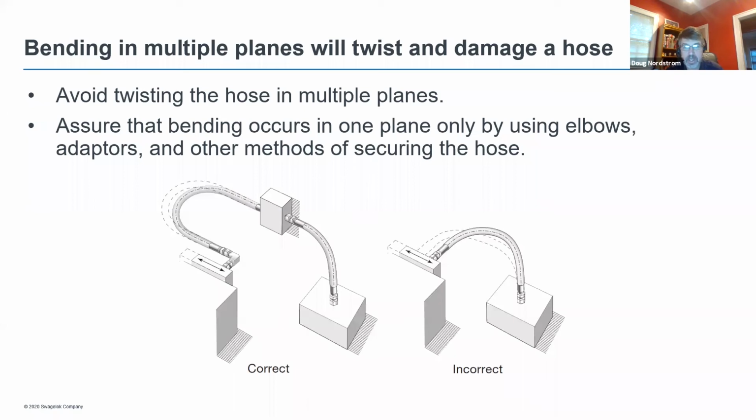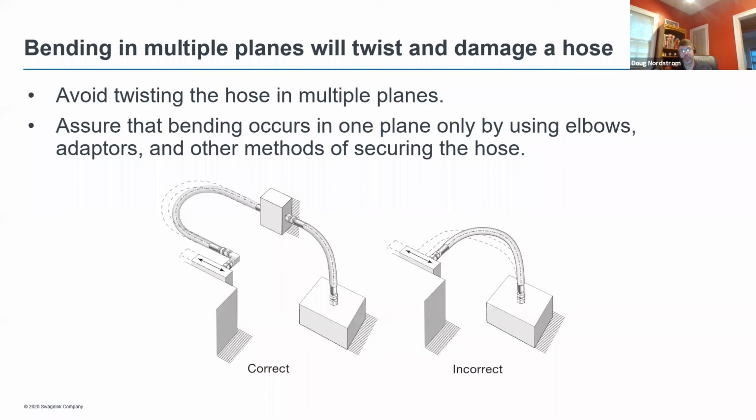What this means is you see the picture on the right that we say is incorrect. That hose is coming out vertically out of a plate and twisting around and moving into a horizontal port that's moving back and forth. If you picture the way this hose is bent, if I disconnect this hose but maintain it in the same shape, it won't lie down flat on a table. It's bent in two planes.